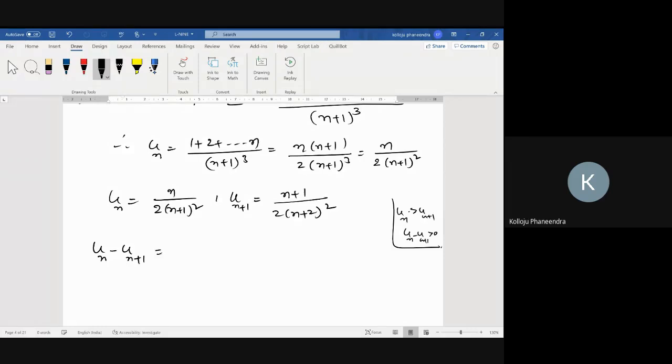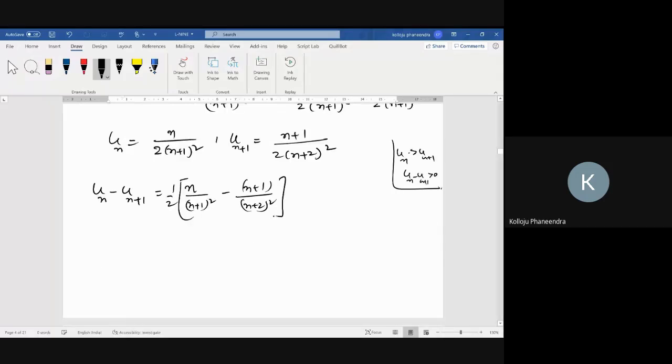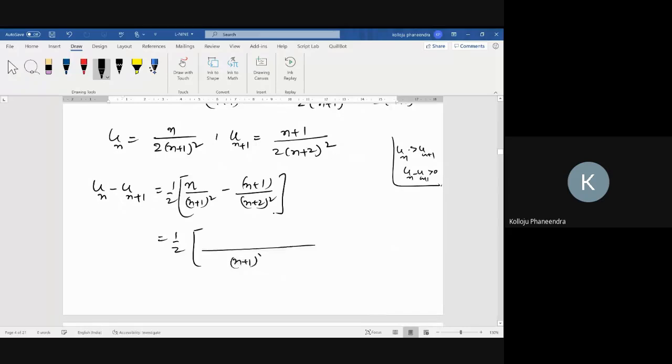Un minus un plus 1 is equal to 1 by 2 outside common, n by (n plus 1) whole square minus (n plus 1) by (n plus 2) whole square. Right? Now this is equal to 1 by 2. What is LCM? (n plus 1) whole square into (n plus 2) whole square. This is n into (n plus 2) whole square minus (n plus 1) whole cube.